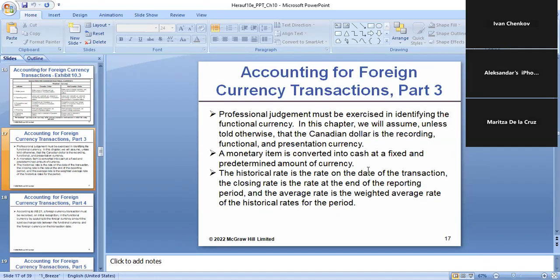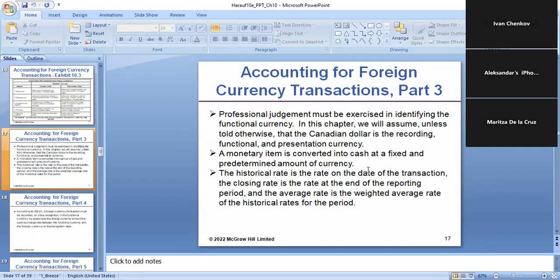Now the closing rate. So we have, watch this, a historical rate, a closing rate, and an average rate. The historical rate is the rate on the date of the transaction. The closing rate is the rate on the date we're preparing the financial reports. The average rate is the weighted average of the historical rates for the period.